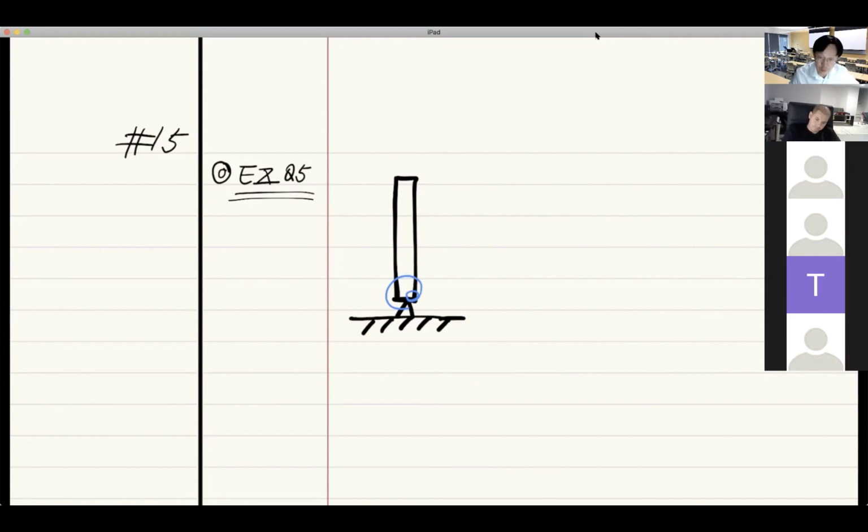The rotational spring is denoted by rotational spring constant Ks, just like what we did before. And the loading is applied at the top. That's what makes this member a column member.